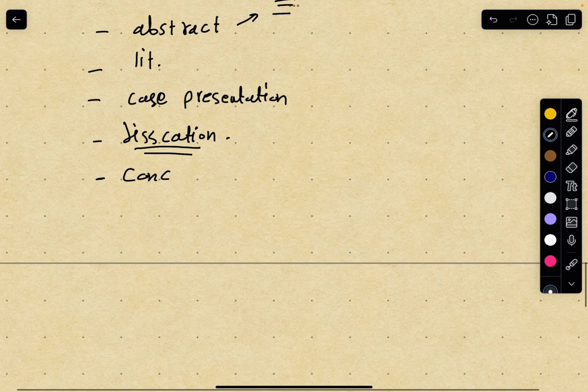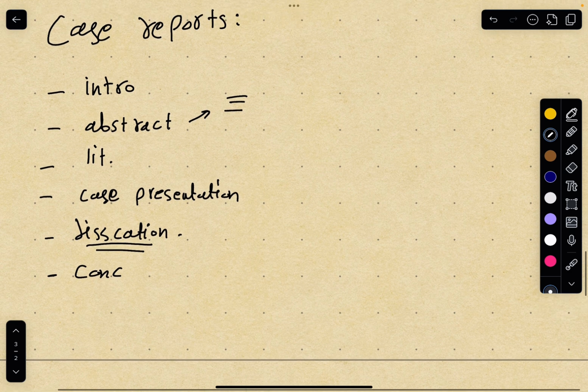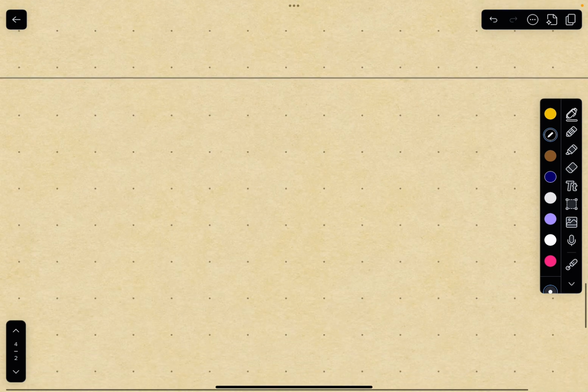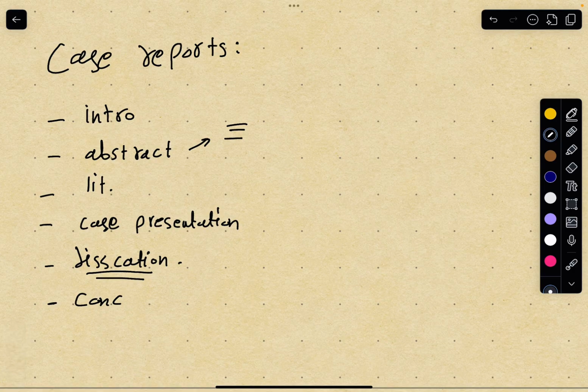And what other part? So we finished the case report. And you can find case reports while doing your rotations. You can ask your doctor if he has an interesting case, or a patient you found with an atypical presentation.